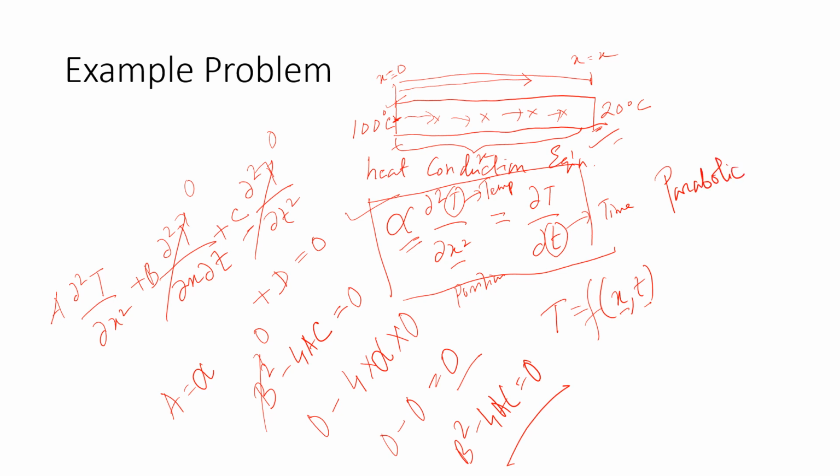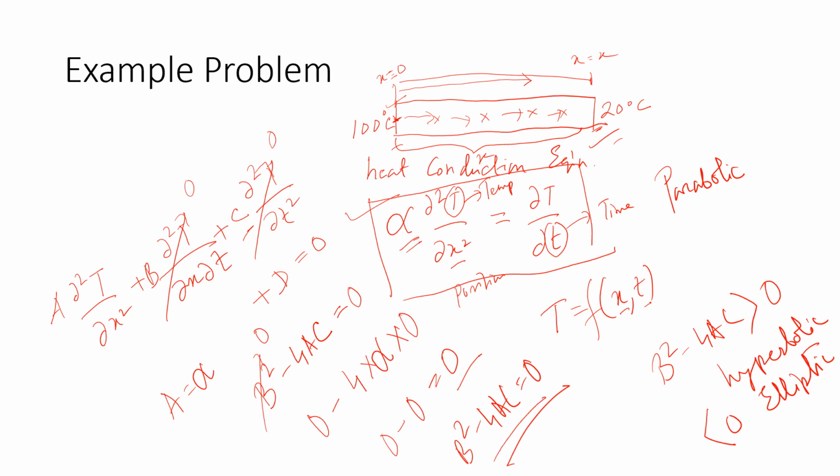As we know, if b square minus 4ac is equal to 0, then the equation is parabolic; if it is greater than 0, then it is hyperbolic, and if it is less than 0, then it is elliptic. Here b is 0, c is 0, and although a is alpha, as c is 0, b square minus 4ac is equal to 0.